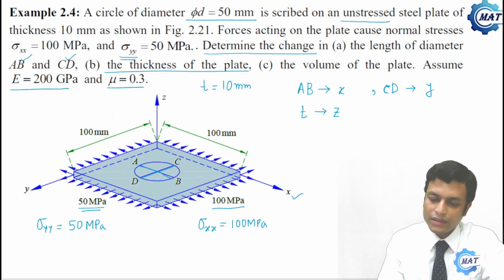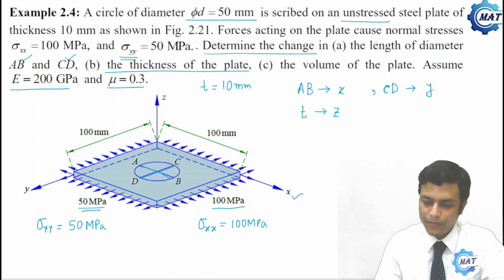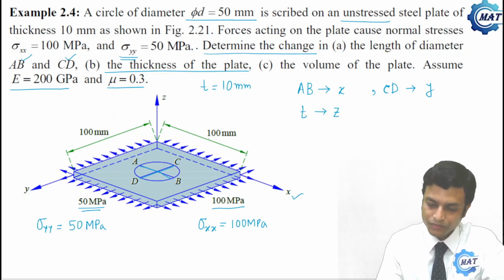Now to calculate the change in length of diameter AB, which is in x direction, and the diameter is given, that is 50 mm, we have to calculate what? If we can calculate the strain in x direction, then we will get the change in diameter of the circle along AB.